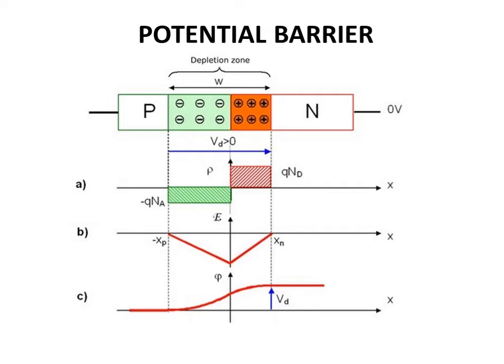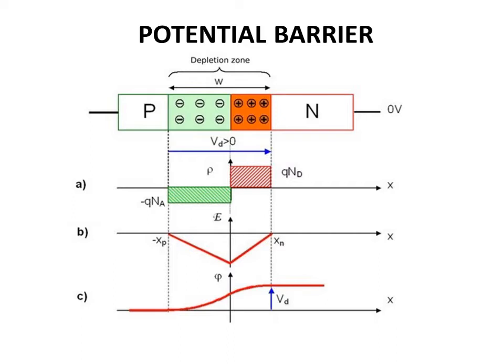That is what is shown in diagram C over here. C is the potential as a function of x, where x is the distance from left to right. The p region is shown to be at constant potential using this red color graph, and the n region is also shown to be at constant potential, and in this diagram it is shown to be higher than the potential in the p region.